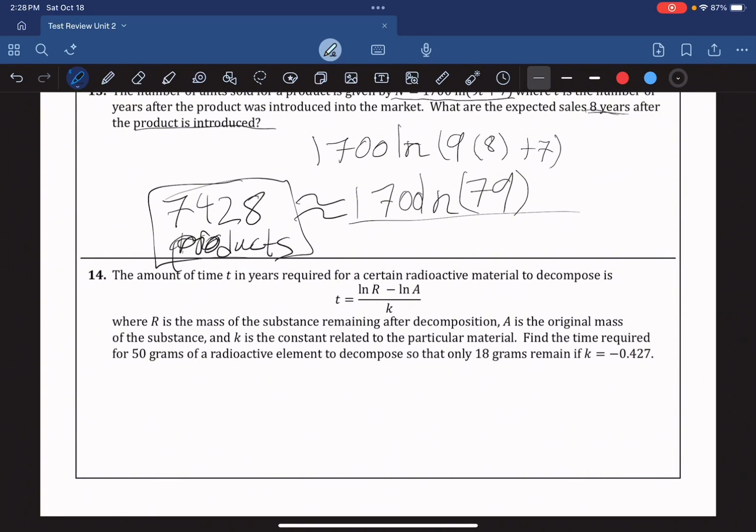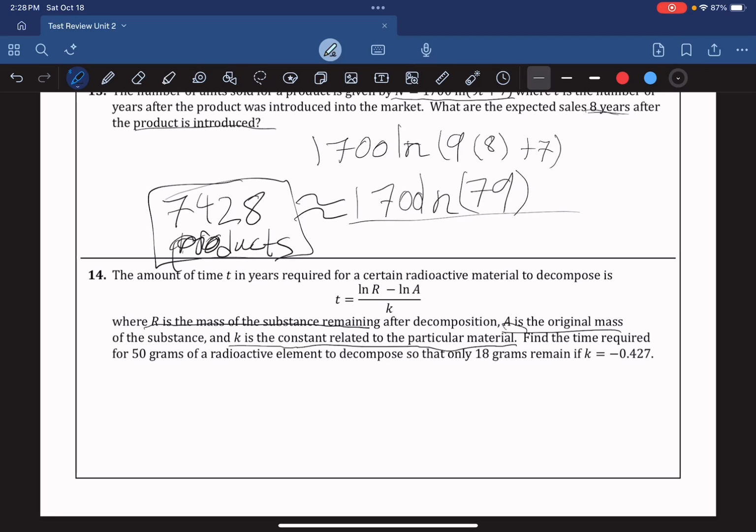Find the time required for 50 grams of the radioactive element to decompose so that only 18 grams remain if K equals negative 0.427. So your A is your original mass, K is the constant, and R is the substance remaining, right?